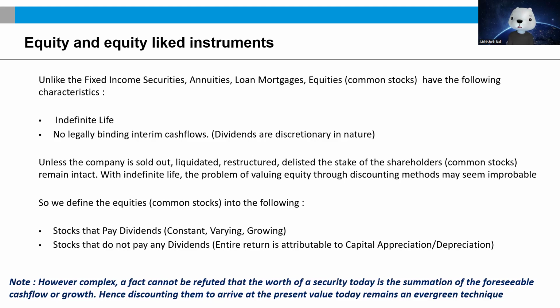Valuing them is pretty straightforward. Why are they straightforward? Because first and foremost, except for the annuity in perpetuity, all the fixed income, interest-bearing securities that we have discussed so far carry a finite life. That's first.